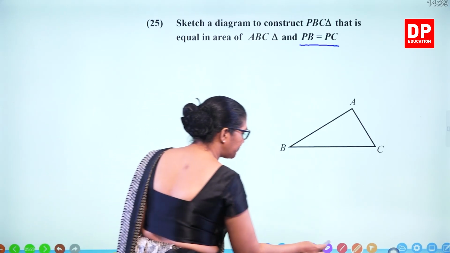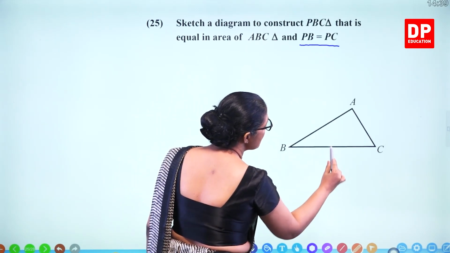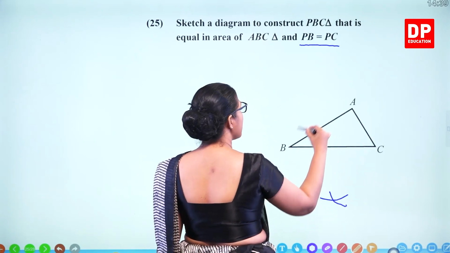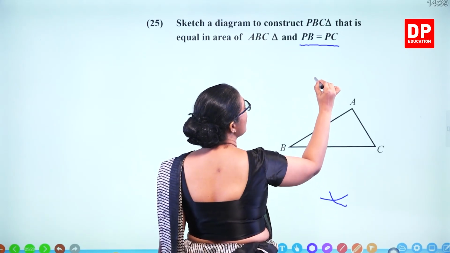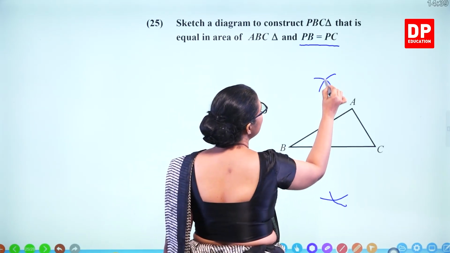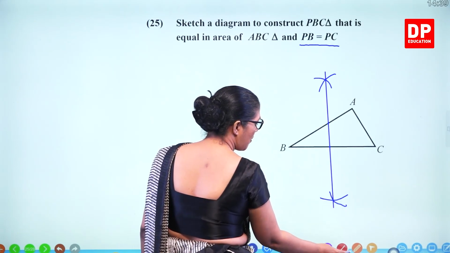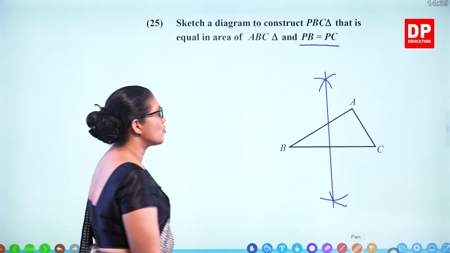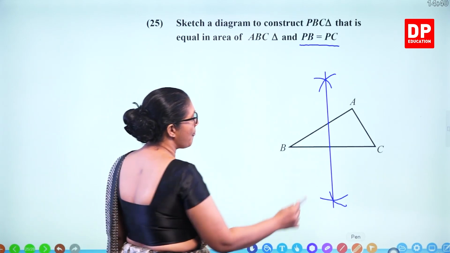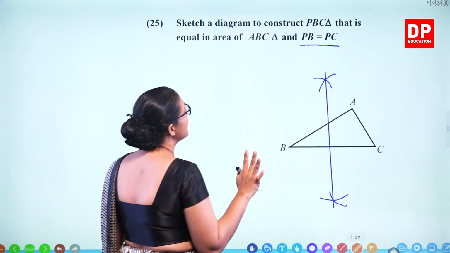So what you do? You take the compass and first construct the perpendicular bisector of BC. Think of this as the perpendicular bisector. You don't need to draw accurately. So any point on this has PB equal to PC.